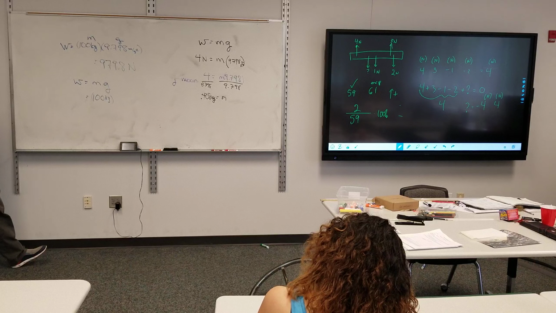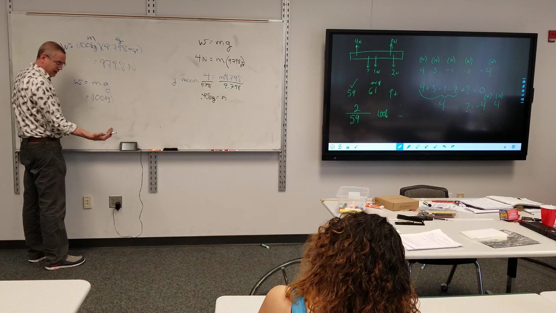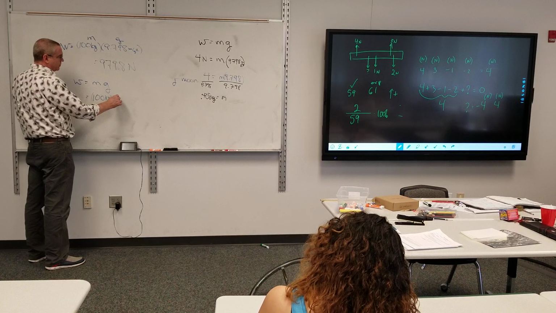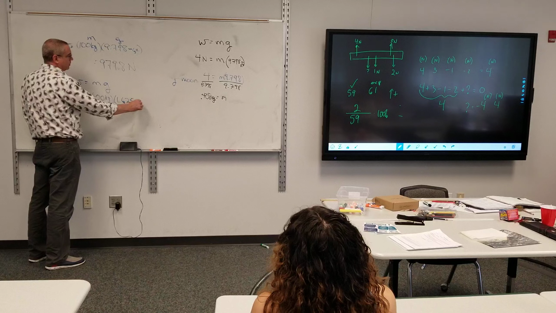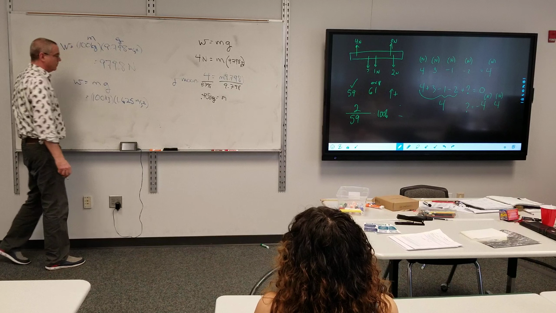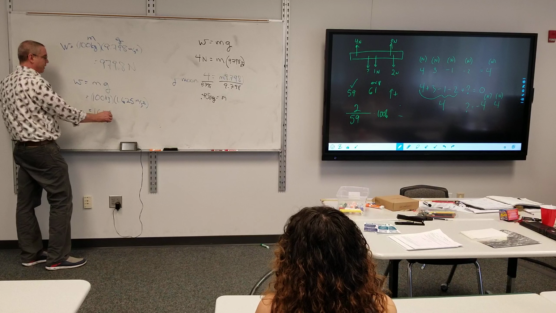If I stood on a scale and was in equilibrium, what the dial would show would be different, because the acceleration due to gravity on the moon is 1.625 meters per second squared. And if I multiplied that out, I would have a weight of 162.5 newtons.